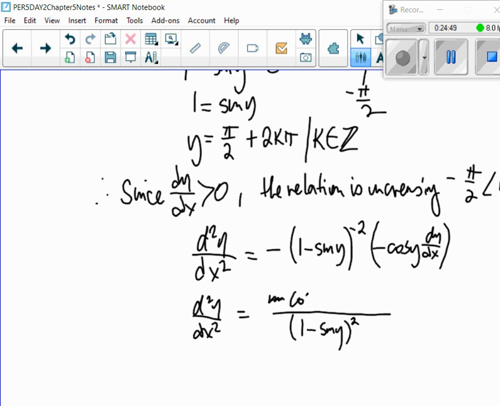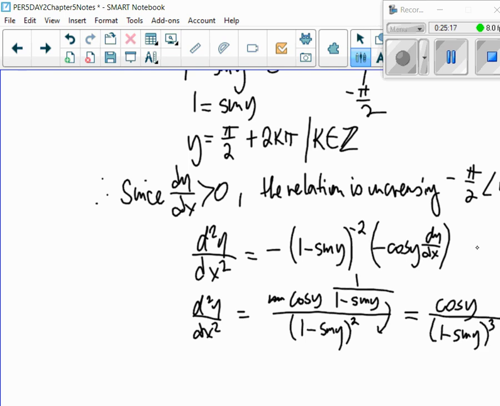So then I have cos y, and instead of dy/dx, I have 1 over 1 minus sine y. So what's the trick there? When you multiply those together, the cos goes on top and this slips down. So this is going to be cos y over 1 minus sine y, the whole thing cubed.